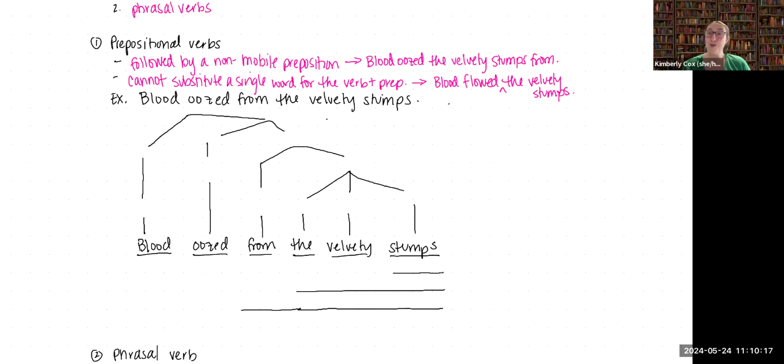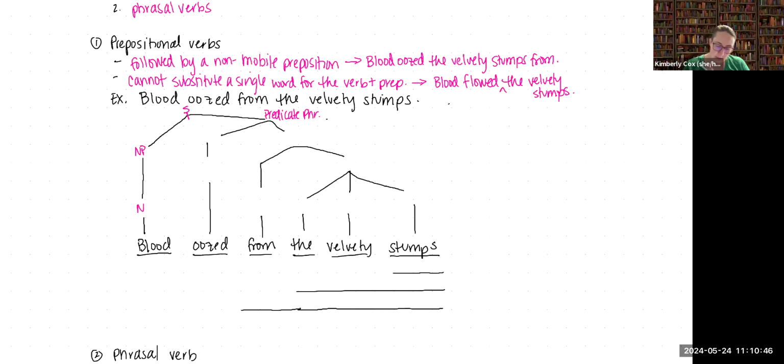And I want to show you what that's going to look like in terms of diagramming it. So blood, no surprise, is a noun. So it's a noun phrase, right? And so it's forming the subject predicate split branch, which means that over here we are going to have our predicate phrase, right? Or that branch of our diagram or our form function trees.